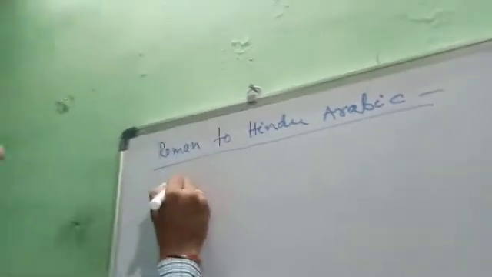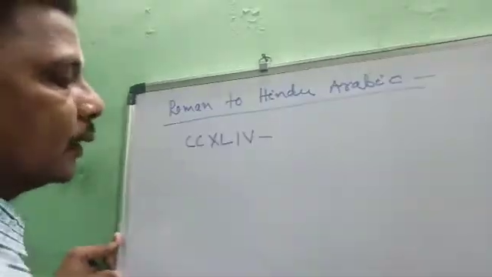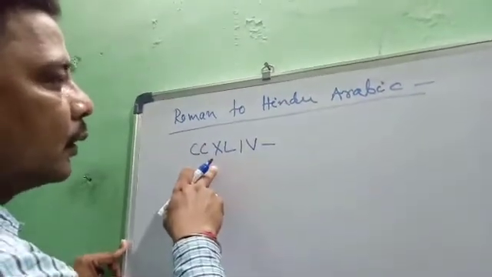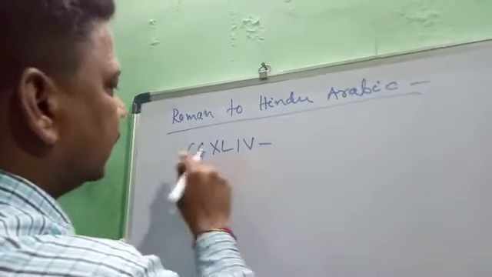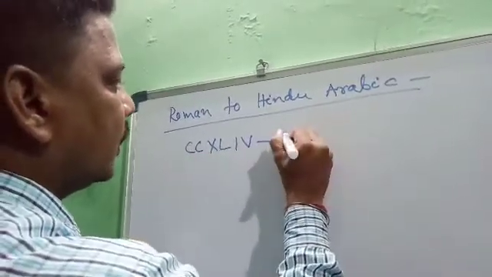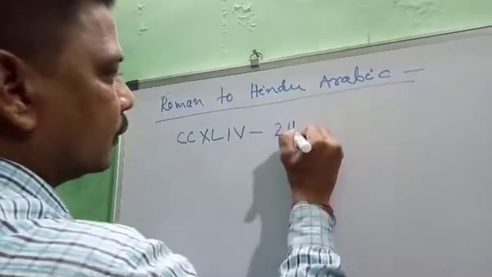Suppose CC, XL, IV is given, and we have to convert these Roman numerals into Hindu Arabic. CC means 200. XL means 40.